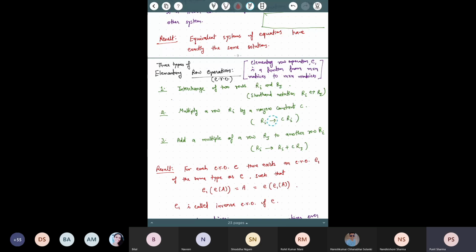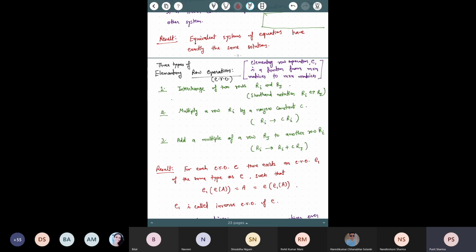So the ith row is now replaced by cRi, and here we have a new matrix. Similarly, add a multiple of a row Rj to another row Ri, so you can write it in this way. So Ri is now replaced by Ri plus cRj. So in the new matrix, the ith row is actually Ri plus cRj. Okay, so these are the three operations.